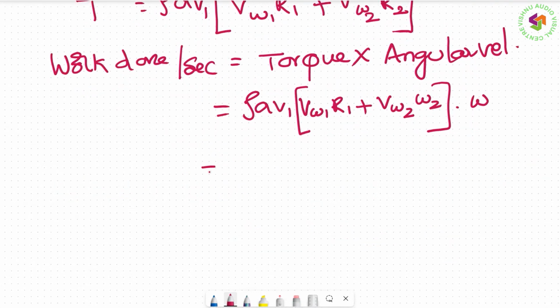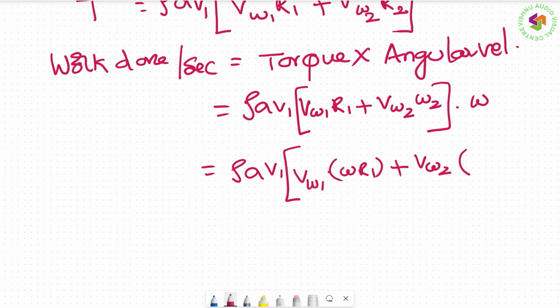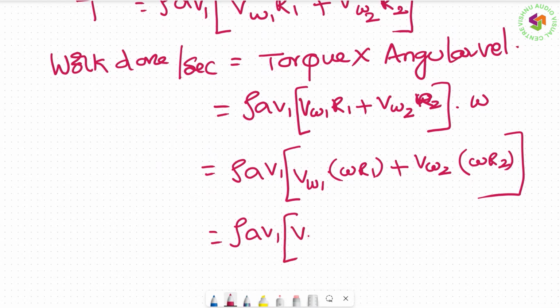Therefore, if I take it inside, rho A V1 into VW1 into omega R1 plus VW2 into omega R2. Rho A V1 into VW1 into omega R1, which is U1, plus VW2 into omega R2, which is U2. So this is what we got.